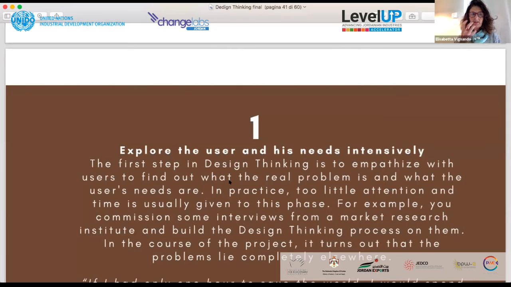So please, when you start exploring this stage, analyze, empathize with the end user, and try to understand your positioning, your segment in the market, and the problem that your user has. Because sometimes the company is more focused on the technological solution of the product or the services, but not on the user's needs.